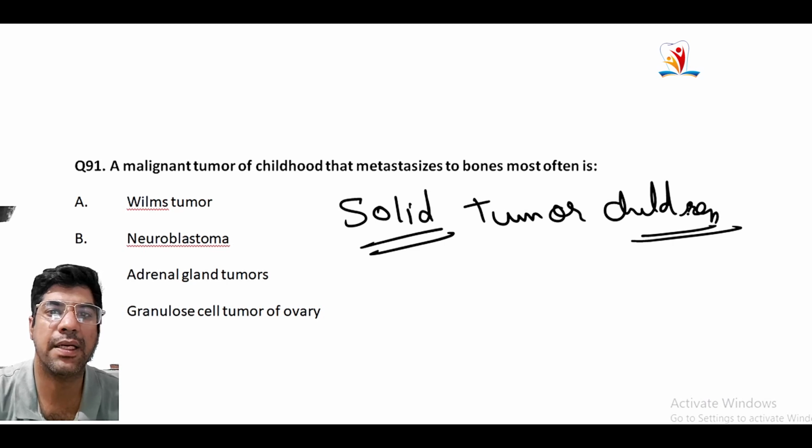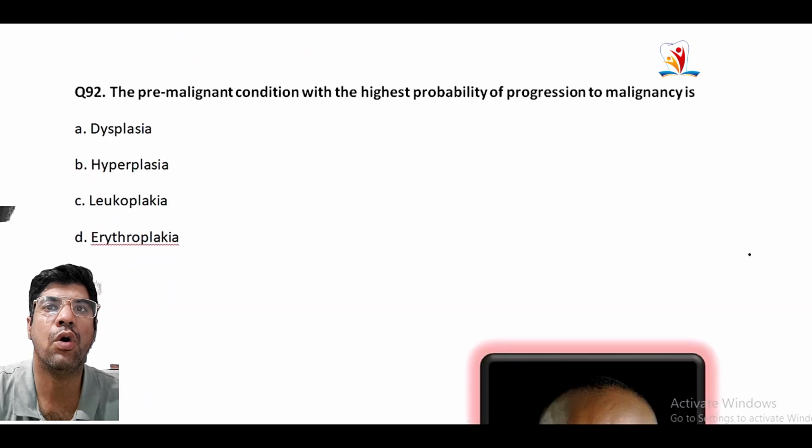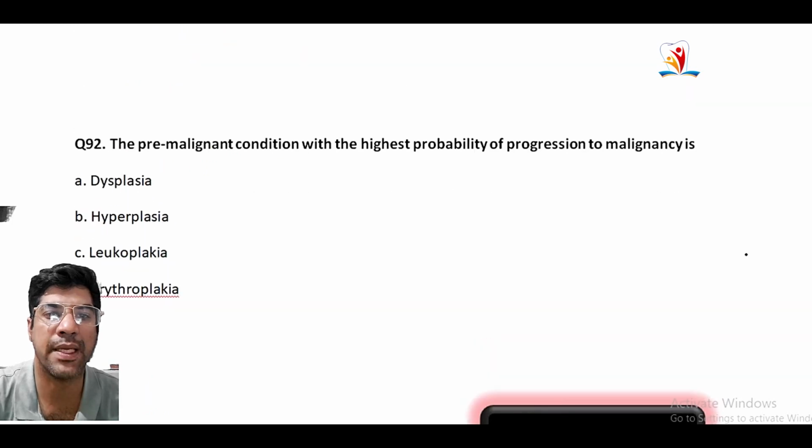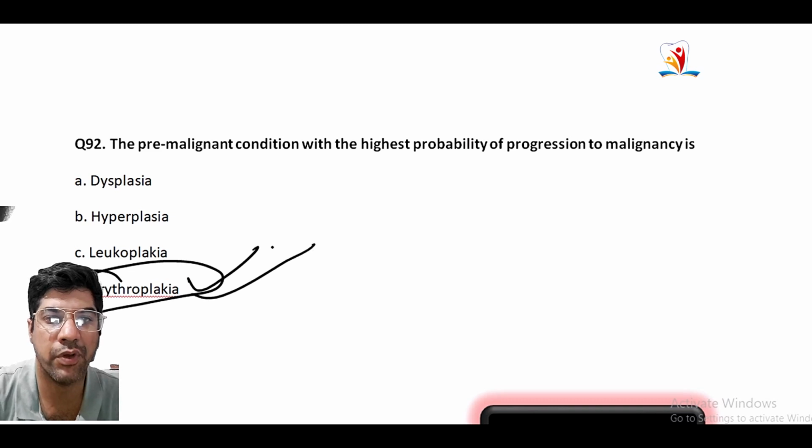The pre-malignant condition with the highest probability of progression to malignancy is erythroplakia. Remember for your exam point of view. So erythroplakia is characterized by red velvety patches on the mucous membrane, and it has a high risk of being associated with squamous cell carcinoma.